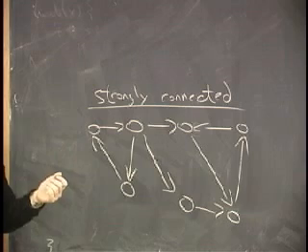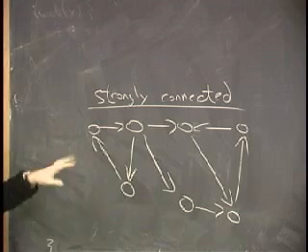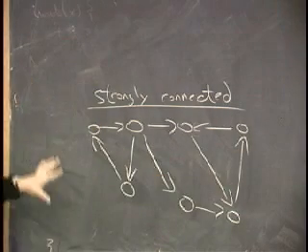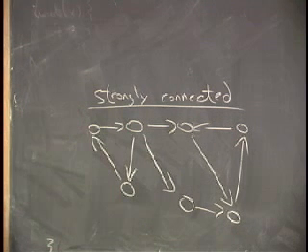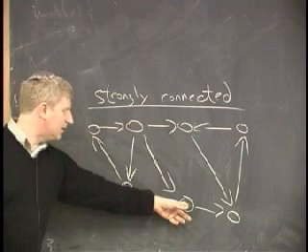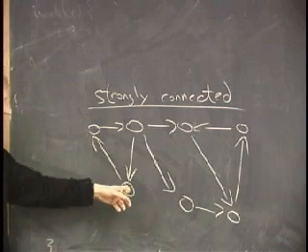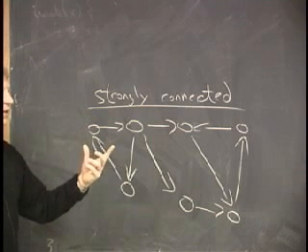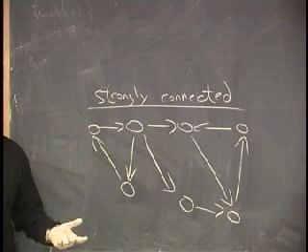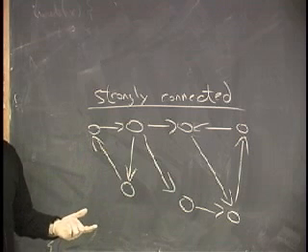Everyone understand that definition? So, is this whole graph strongly connected, all the nodes together? No. Why not? You get stuck, because this one can't get to this one. If you can find two nodes, one which cannot reach the other, then those two nodes are not in the same strongly connected component.